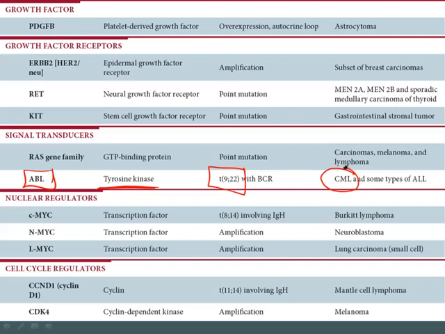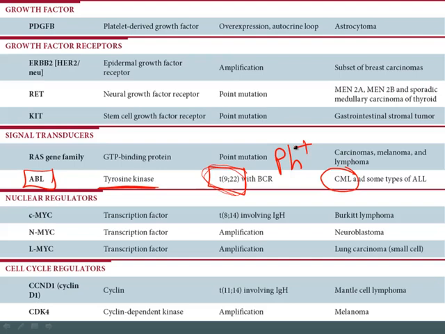Now remember that ALL is basically a disease of children. However, in adults with ALL, there is an increased propensity to have this 9;22 translocation. It's also called Ph positive ALL, i.e. Philadelphia chromosome positive ALL, because the 9;22 translocation is also called the Philadelphia chromosome.